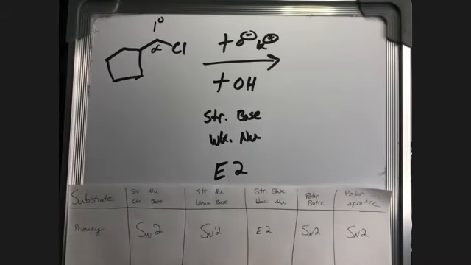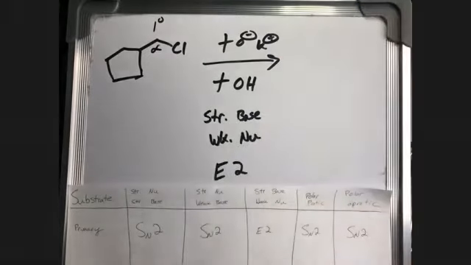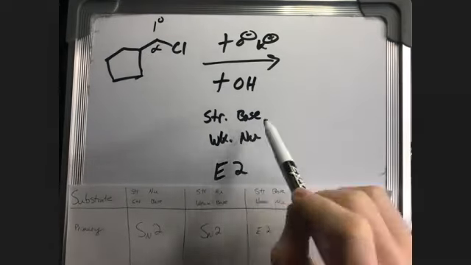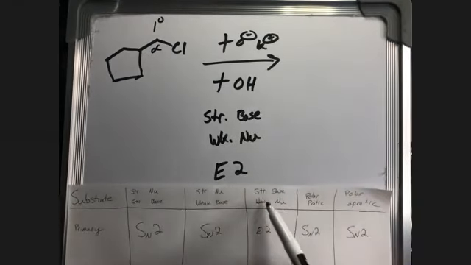And if you do enough practice problems with that, you'll basically memorize the table without even trying to memorize it, because you'll just recognize the patterns, because it's always consistent once you begin to get that pattern recognition. So here it's a strong base, weak nucleophile. So that's here, it's primary, so E2. So like I said, it's suggestive of Sn2 because of all these other possibilities, but due to the nature of the reagent, E2 is the primary pathway.